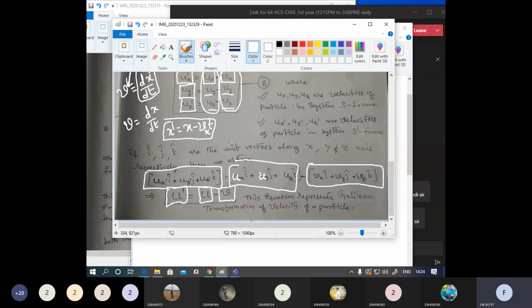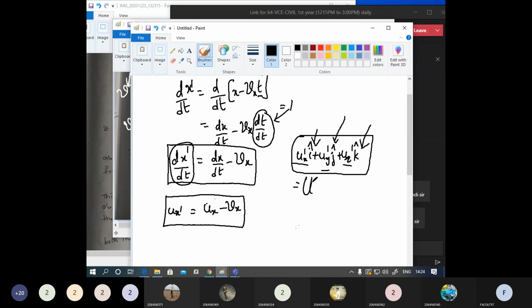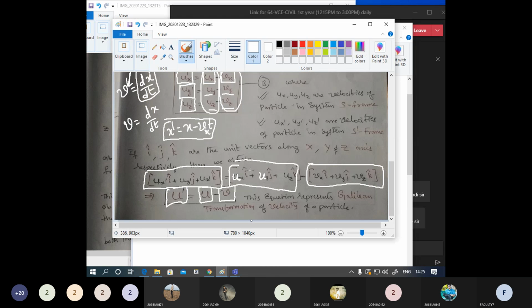That particular equation is known as the Galilean transformation of velocity. This equation represents the Galilean transformation of velocity.